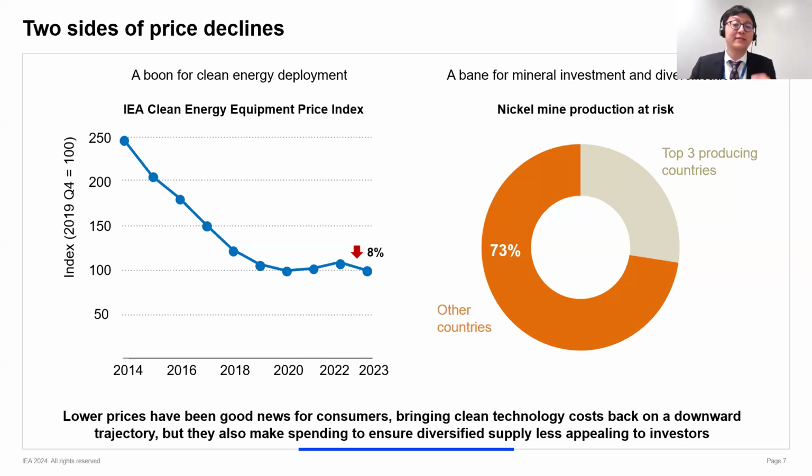Notably, almost three quarters of these projects at risk are located outside of today's top three producers, so these are projects that would contribute to a more diversified, resilient supply going forward. So it is a concern for future mineral investment and diversification.